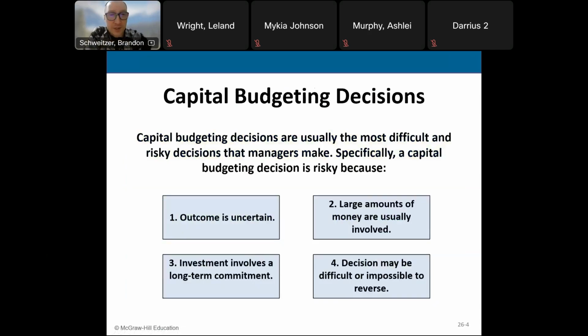Now, here's a couple things to keep in mind when we're looking at a capital budget. It is a difficult and risky process. The reason why it's difficult and risky is because there's a lot of factors to take into consideration. The first factor is that the outcome is not certain.